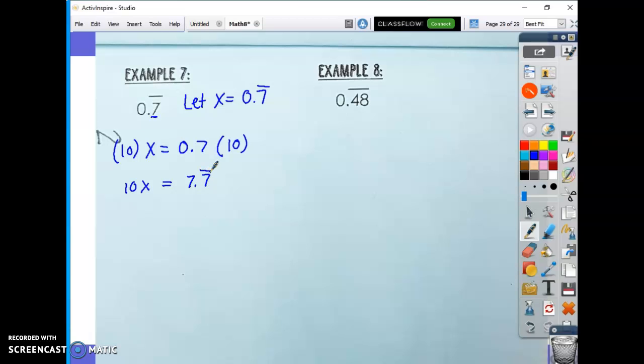We just multiplied 0.7 repeating by 10. Now our goal here is to get rid of all this repeating stuff, because that's the hard part. So how do we do that? Well, let's take an x off, because remember, x is equal to 0.7 repeating.